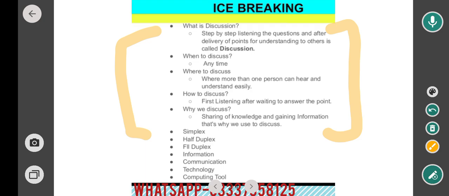In the five questions, and what I told you earlier, simplex, half duplex, and full duplex, both concepts are about communication. In simplex, half duplex, and full duplex, one person communicates to the devices, and in discussion, you communicate man to man.